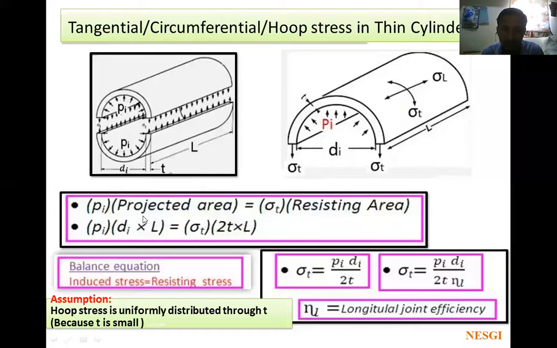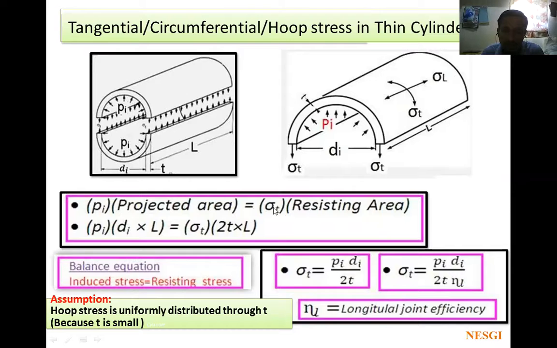Projected area means, when you project this on the wall, as in drawing a cylinder in front view, top view and side view, it will become a rectangle. So the area becomes: Pi into projected area, which is inside diameter into length. So the pressure area inside is di into L, equal to sigma t into resisting area. This is the applied stress, this is the applied force, and this is the resisting force.